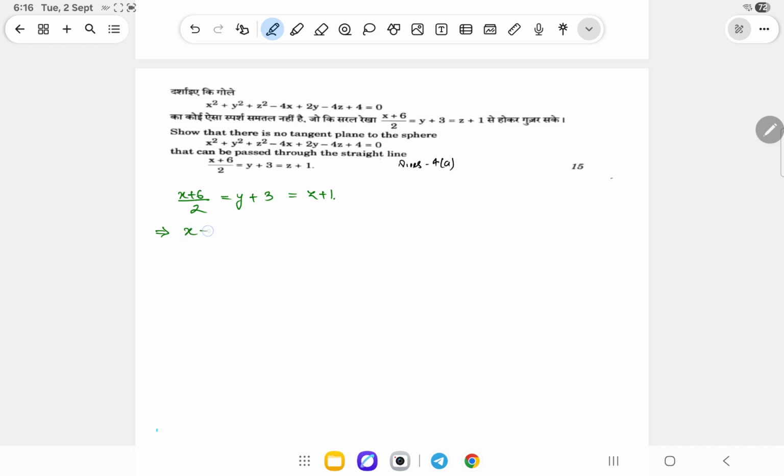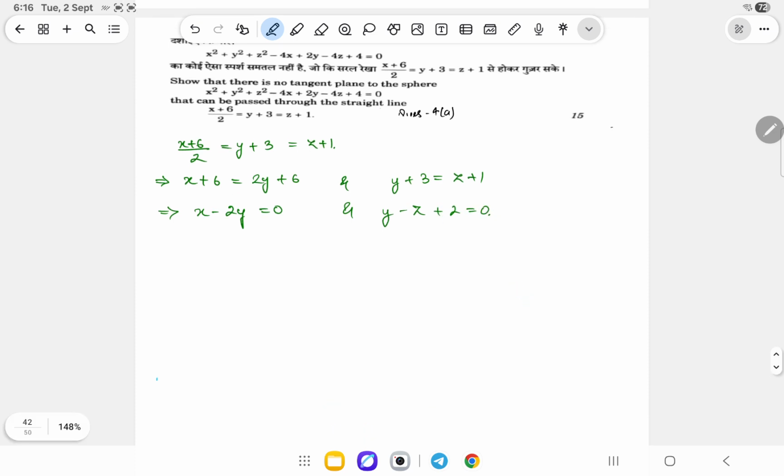Let's just convert it into unsymmetrical form. That would basically give me x plus 6 equals to 2y plus 6 and y plus 3 is equals to z plus 1. So if I simplify it, I'll be getting x minus 2y equals to 0 and y minus z plus 2 equals to 0. So the tangent plane to this sphere will be passing via these two planes.